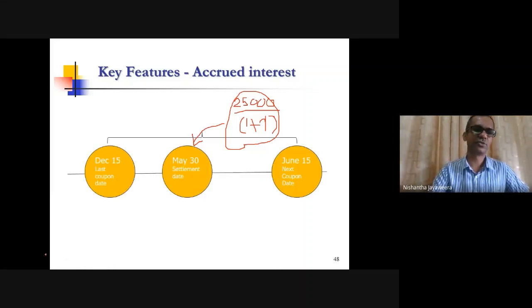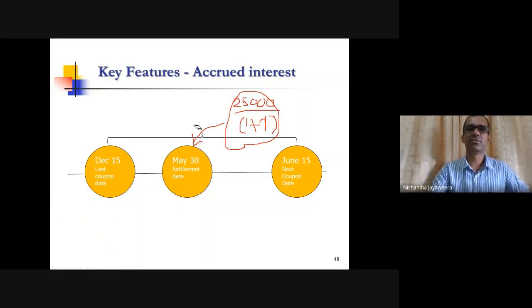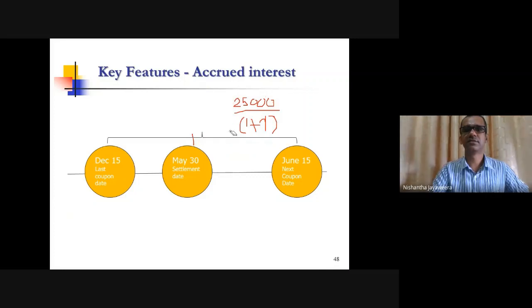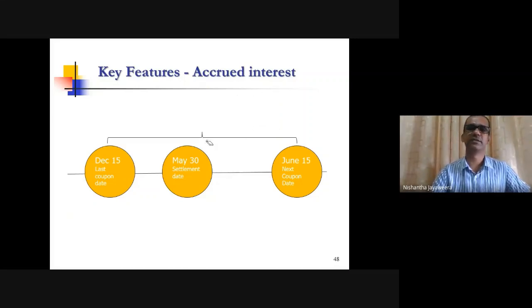What do we do? We calculate the number of days in between. Again, as we did in the calculation of accrued interest, we prorate the coupon for the number of days between the last coupon and the settlement date.